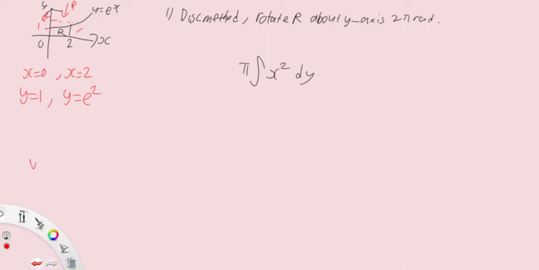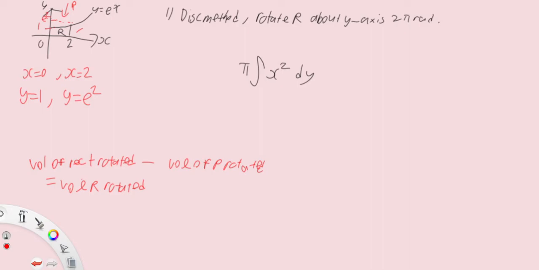So you find the volume of the rectangle rotated, minus away the volume of P rotated, you get back the volume of R rotated. Alright, so this is the idea that we're looking at.